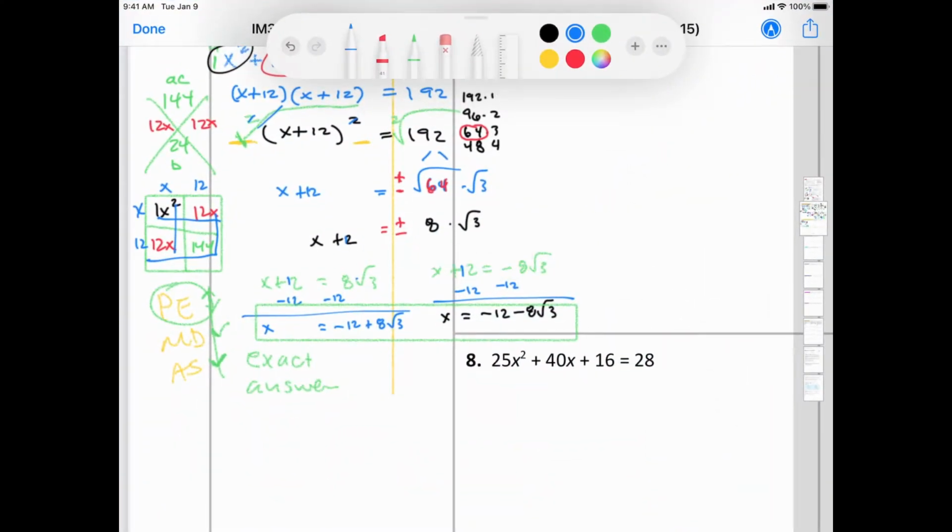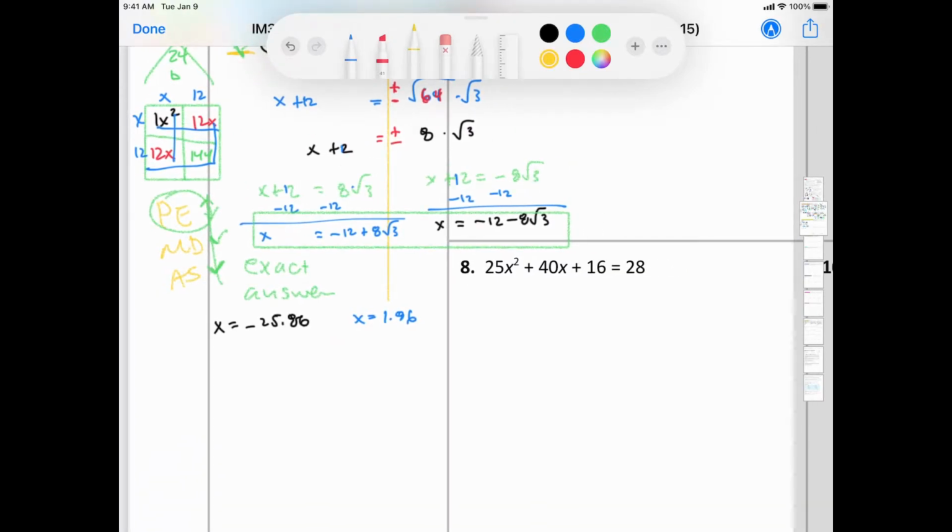So my blue answer, negative 12 plus 8 radical 3 gave us 1.86, and this black answer gave us x equals negative 25.86.